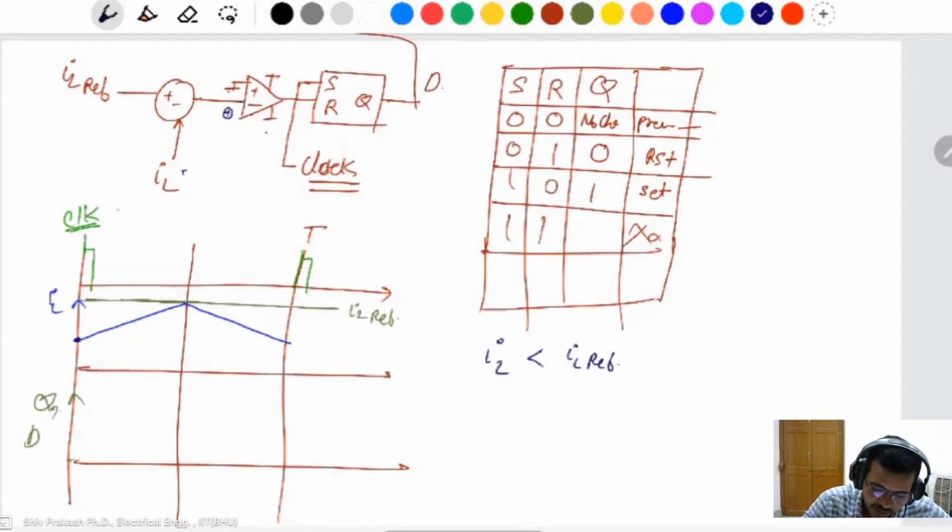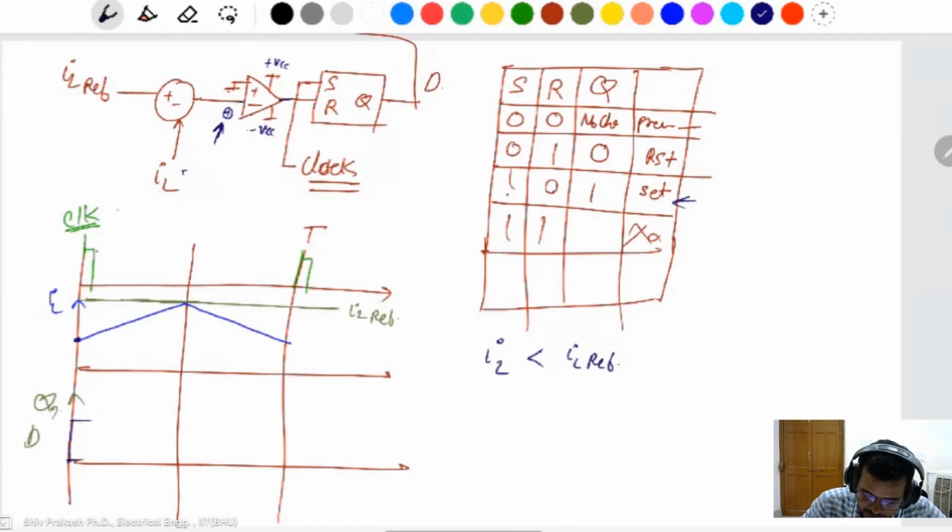Okay, listen. If this one is positive, it means it will be greater than 0. Positive connected to 0, negative connected to positive, the output is minus VCC. It means the reset value is 0. Then set is high because of the clock here. If R is 0 and S is high, in that condition the set is there, so this will turn on.